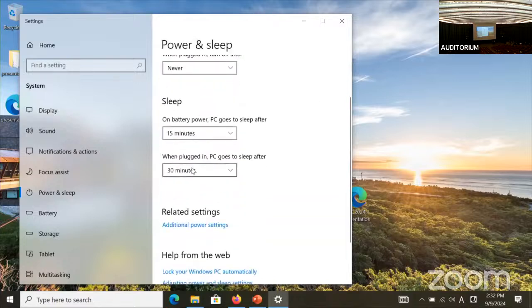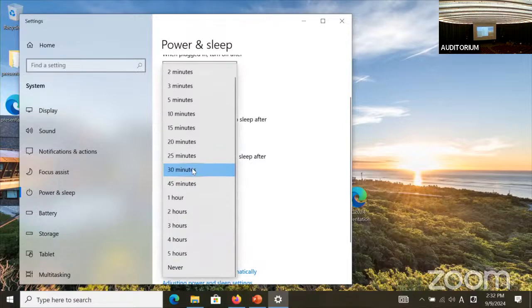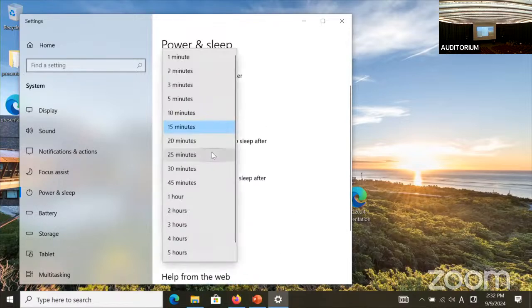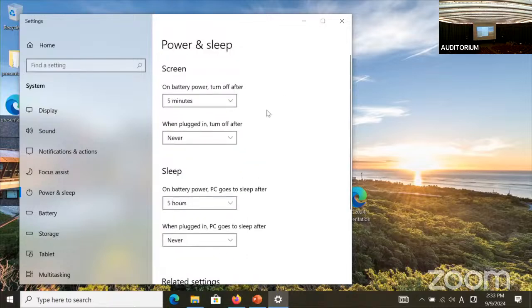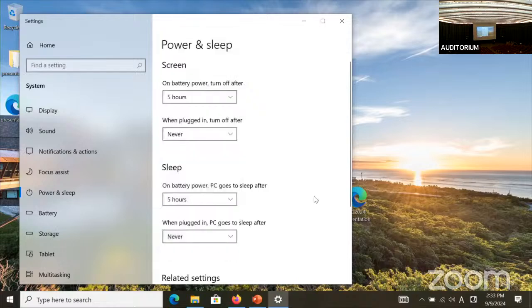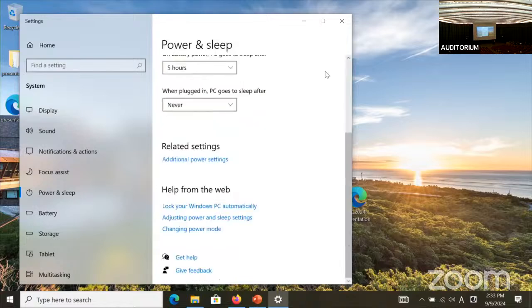Never. Plugged in, this never goes to sleep. That's it. You can have just never, or when on battery, in case someone inadvertently unplugs it. That's true. Yeah, someone told me they are.